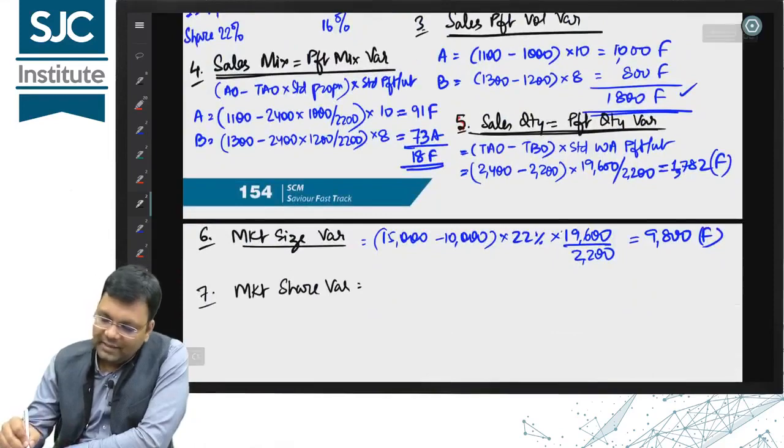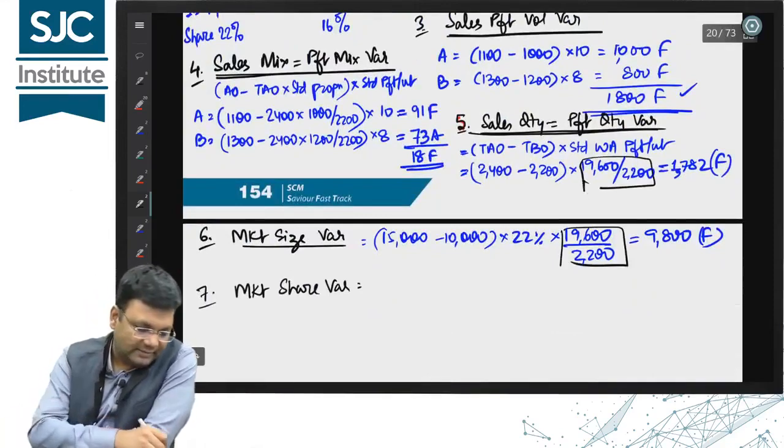We have to take standard weighted average profit per unit, okay? The way we have taken in quantity variance.